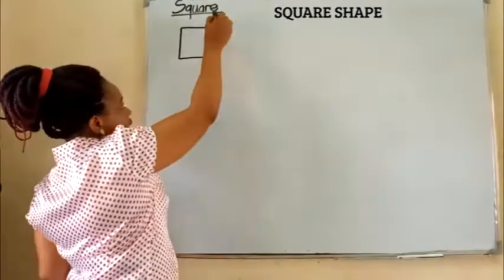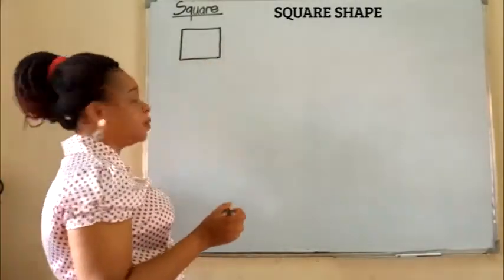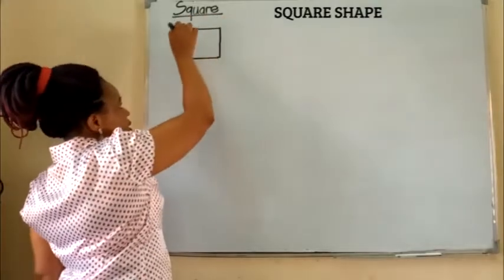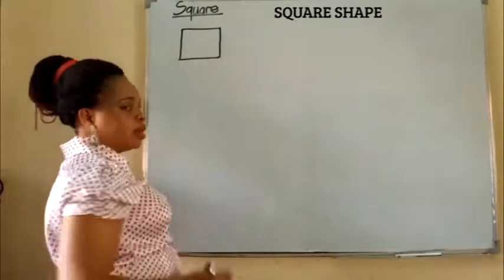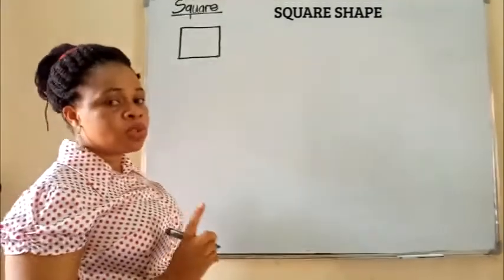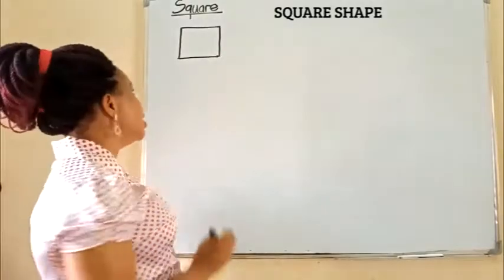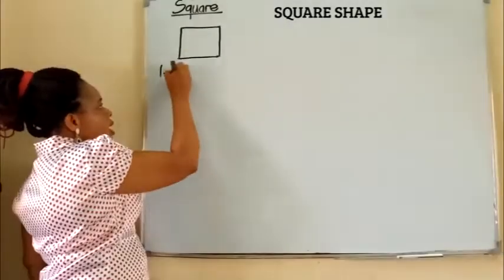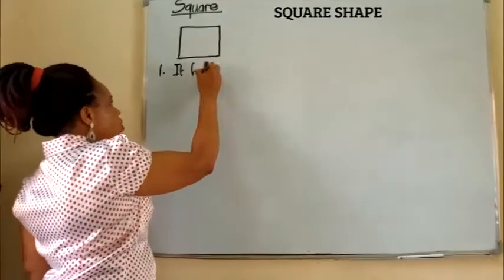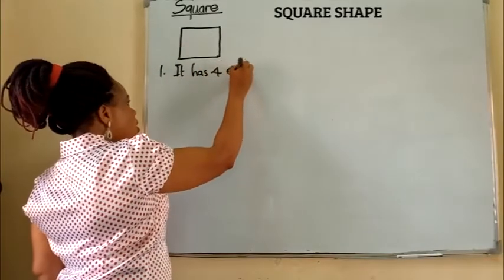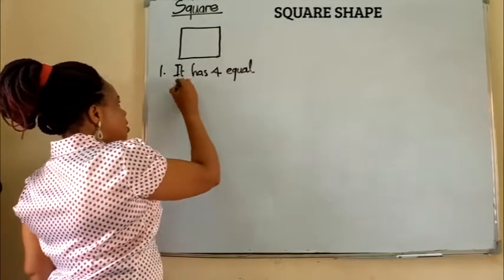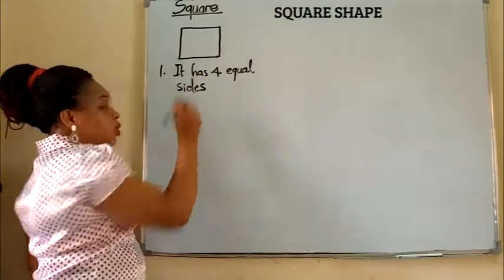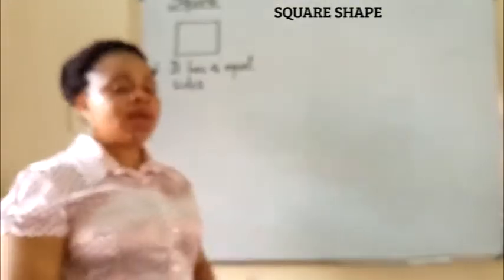That is, if here is 3 centimeters, for example, here should be 3 centimeters, and likewise here and the other line. So that brings us to property number 1 about a square: it has 4 equal sides. So a square has 4 equal sides.